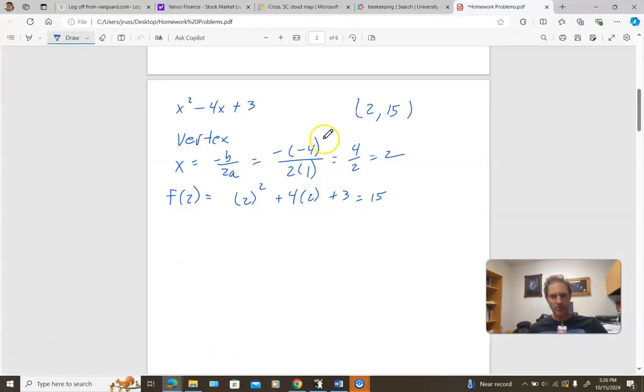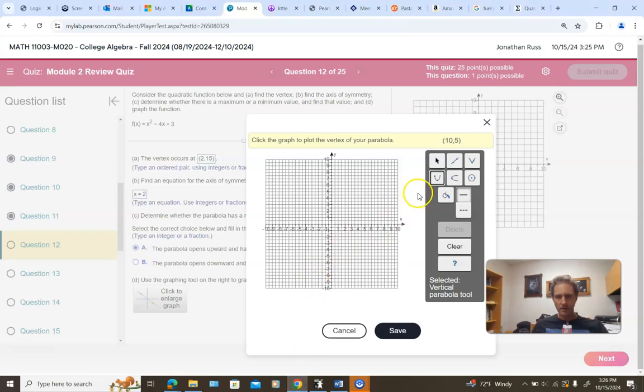I knew something was wrong because that coordinate system wasn't large enough. 15 is not my y-coordinate because I miscopied part of my equation and my function. That's a negative, okay? And because of that, guys, you gotta be careful. Because of that, this is going to be a -1. So my vertex would be at 2, -1, so right there.